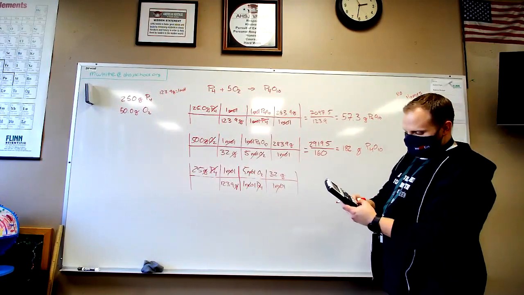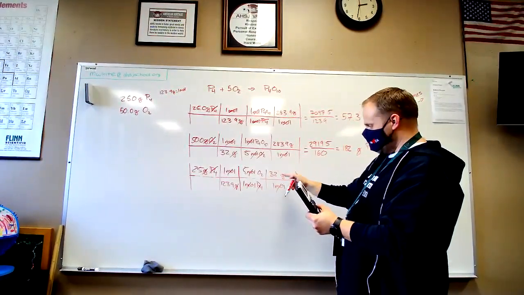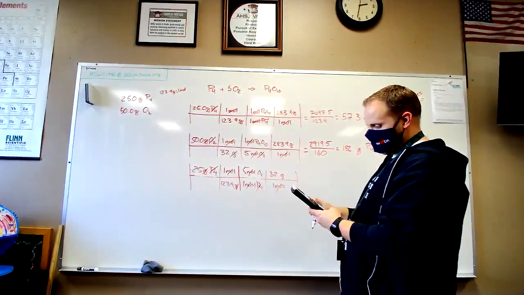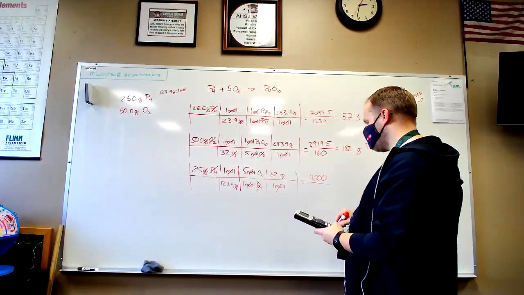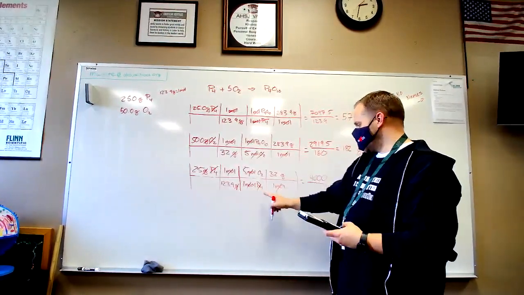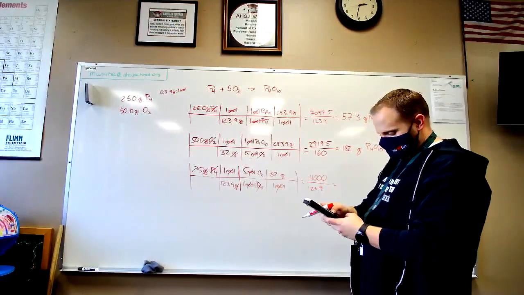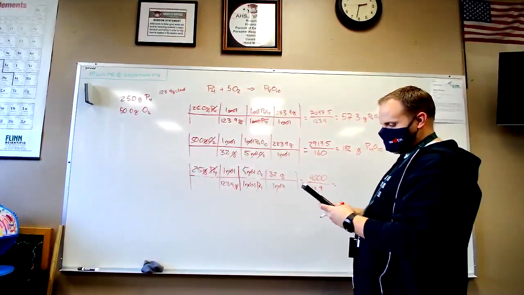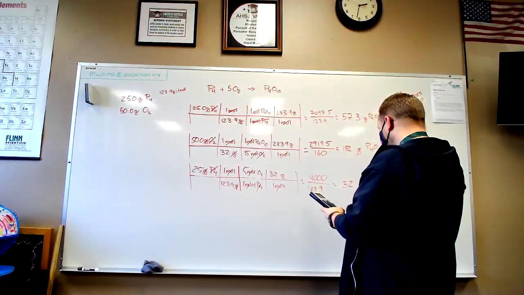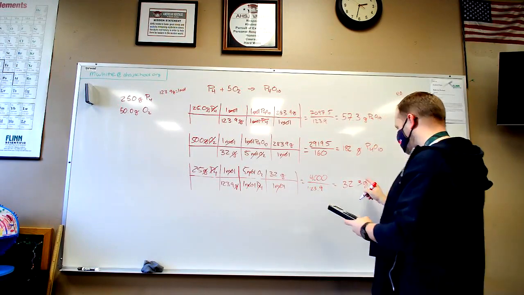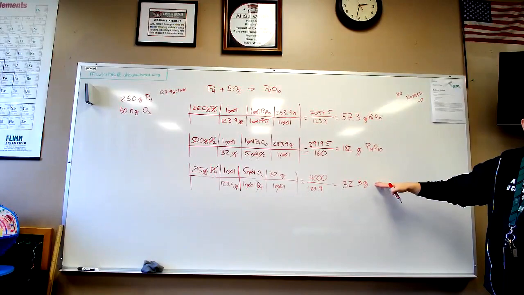So go back to the calculator. 25 times 1 times 5 times 32 is 4,000. Divided by 123 times 1 times 1. So we're using 32.3 grams.